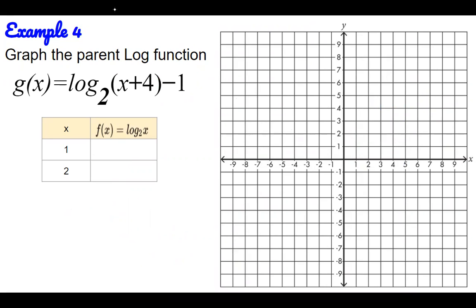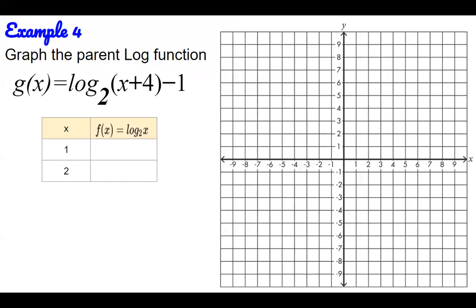g of x equals log base 2 of (x plus 4), minus 1. Also, since we have the y axis, these values are what? 0 and 1. So let's go ahead and graph that parent function. 0, 1. 1, 0. And then 2, 1.